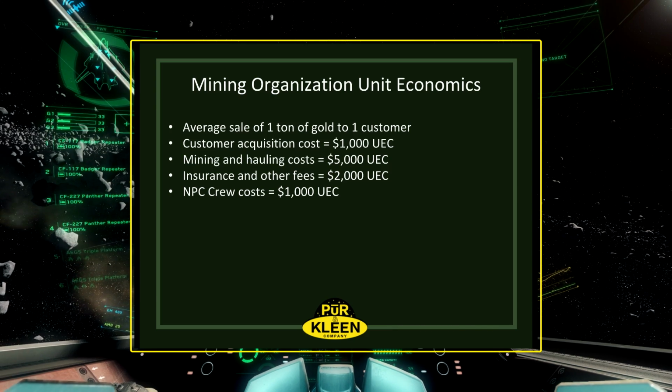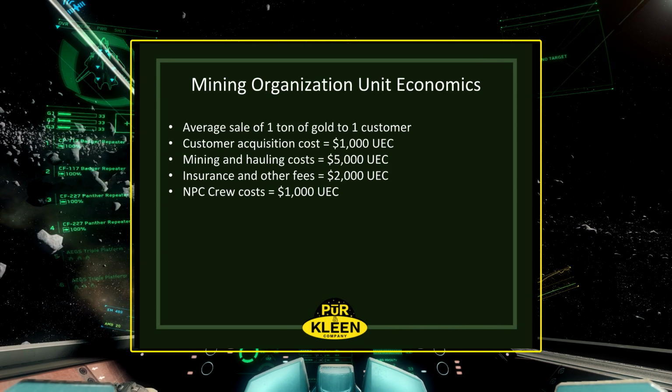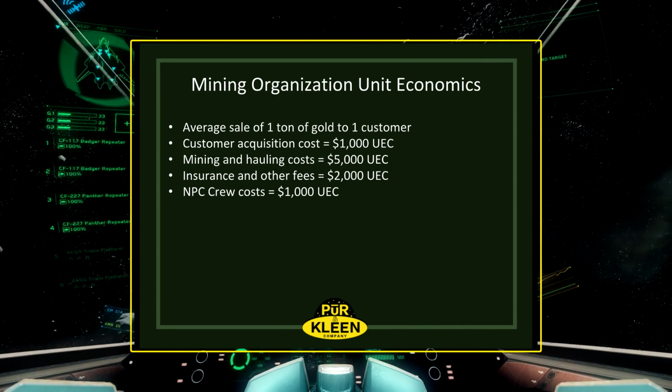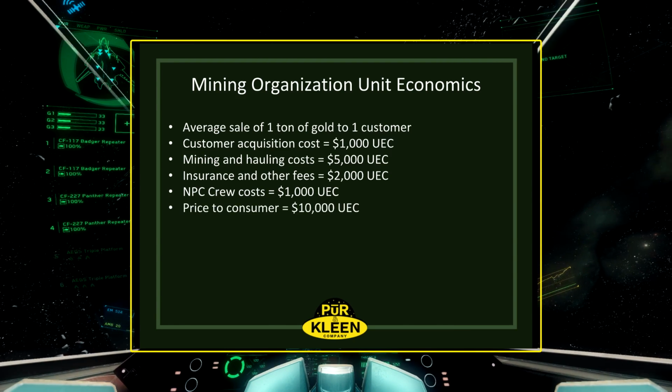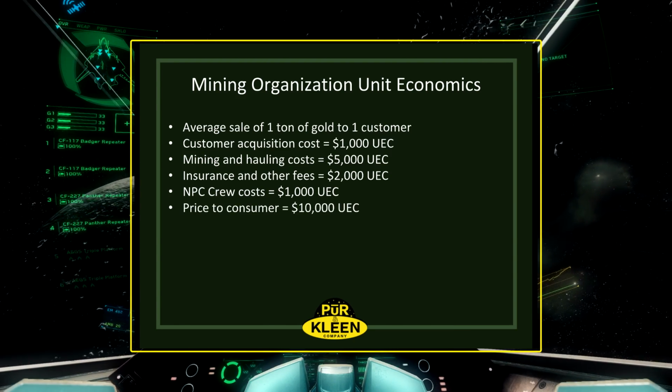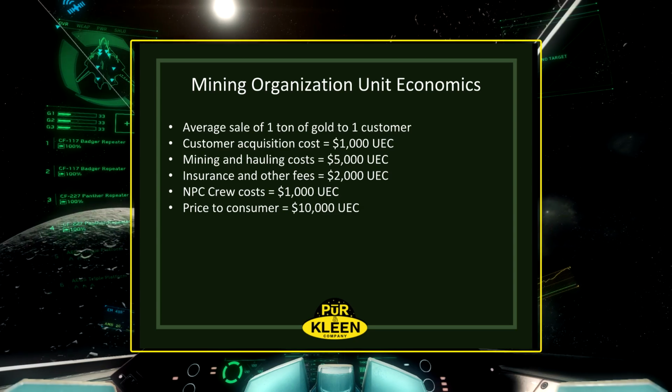Now, let's say we want to sell the 1 ton of gold to another player or organization for 10,000 UEC. So now let's add that up.